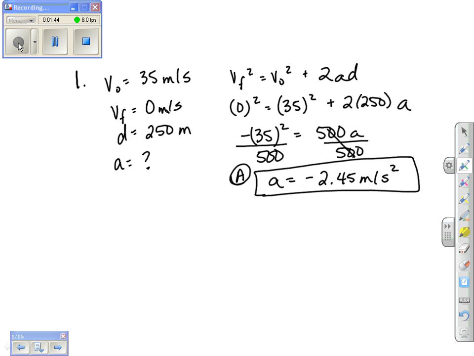And then for B, they tell you that the mass of the car is 1,000 kilograms, and they want to know how much force it's going to take, which would be mass times acceleration.